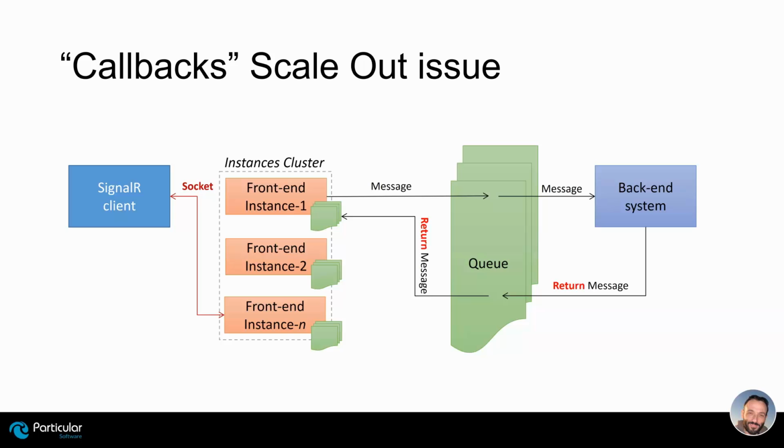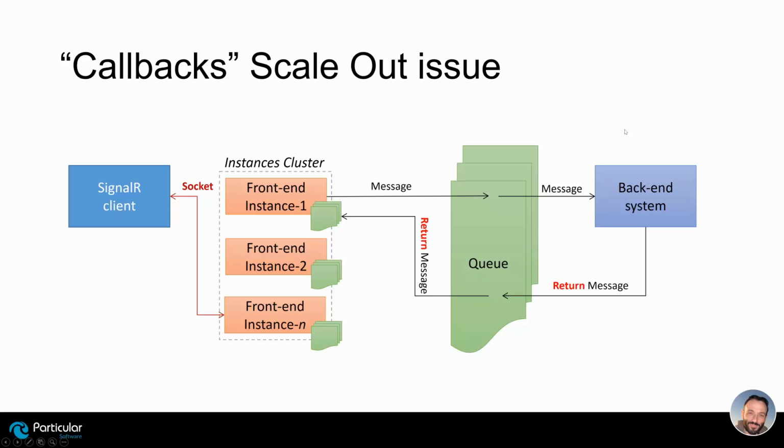So we are able to reply back to a specific instance, but due to the nature of WebSocket, that specific instance does not know anything anymore about the client that is connected, because that client is now connected somewhere else. And we end up basically in the same scenario as before. We may end up losing some important information.